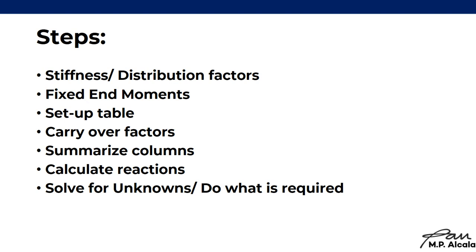Identify the fixed end moments, set up the table, carry over the factors, summarize the columns, and calculate the reactions or solve for the unknowns, because sometimes the problem will require you to draw the shear and bending moment diagram. We will just recall our methods on statics of rigid bodies and mechanics of materials. Essentially, this is our approach for the moment distribution method.